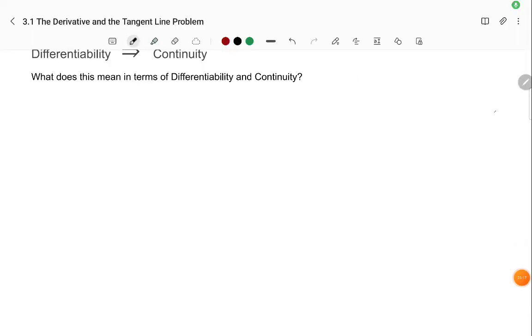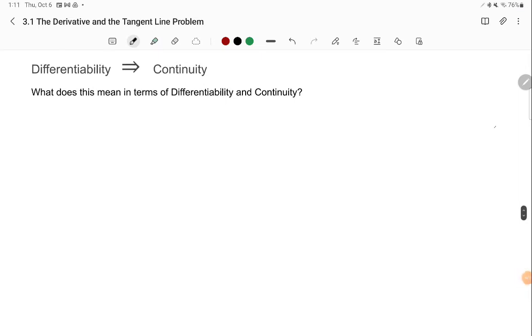All right, and this is what I mentioned earlier. If a function is differentiable at a point, then it implies continuity. So for example, look at the graph of a rotating tire. Here's our tire, and imagine there is a piece of gum stuck to this tire, and that piece of gum travels around.